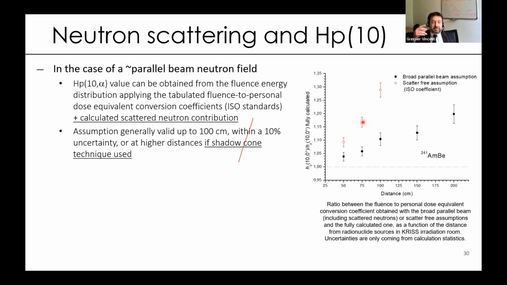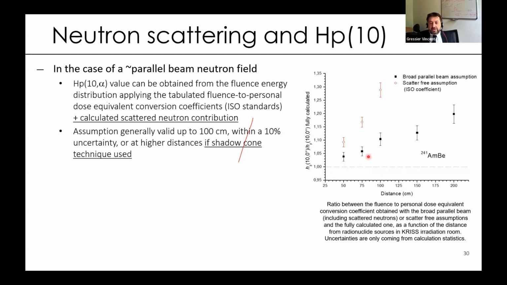If you include the energy distribution of your scattered neutrons, but you still consider that they're all coming in the same direction, so 0-degree direction, then you already decrease by a factor of 3 the impact of these scattered neutrons. And if you include all the directions and energy intensities of all your scattered neutrons, then you will be at 1.